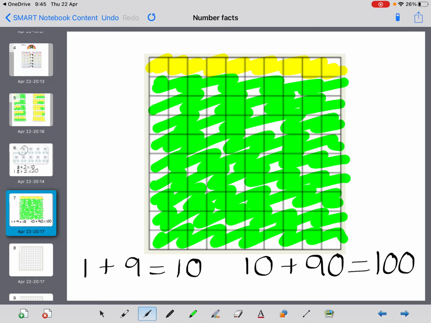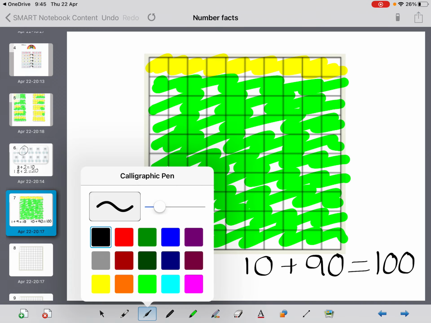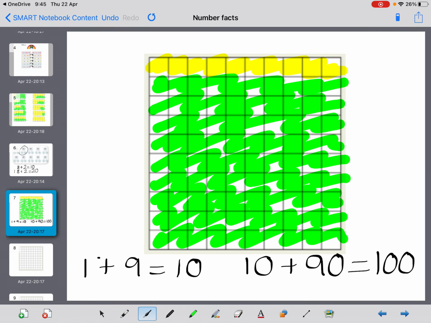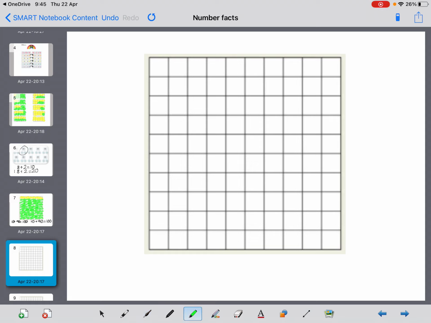I can see that these number facts are related. So my number bonds to 10, all I did was multiply each of my numbers by 10, and that gave me the same answer. So number facts really do help.